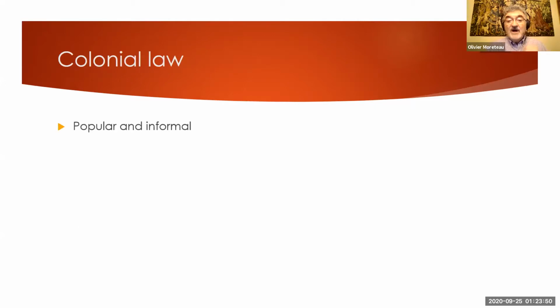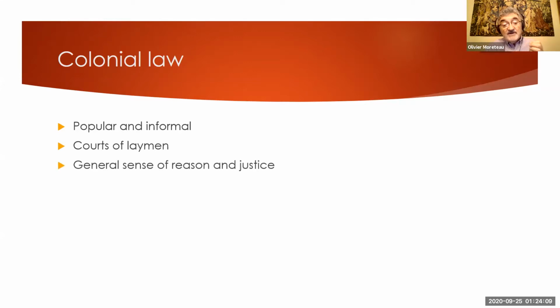So to wrap up on colonial law, the law that existed prior to independence, it is largely popular and informal. Courts are typically staffed by laymen, and there were very few educated jurists. There was a tendency to be governed by a general sense of reason and justice.